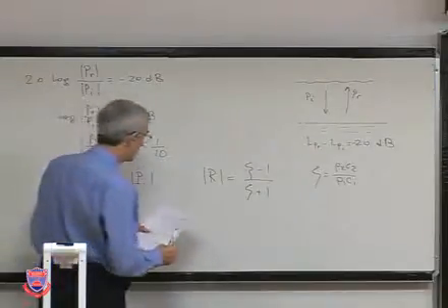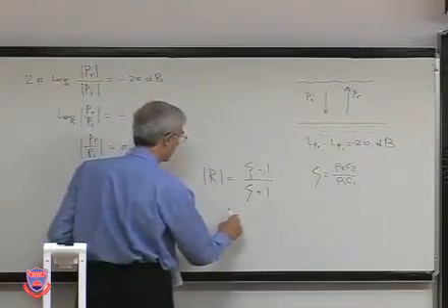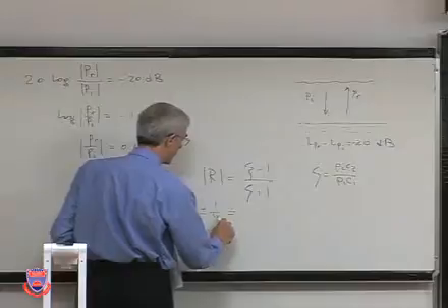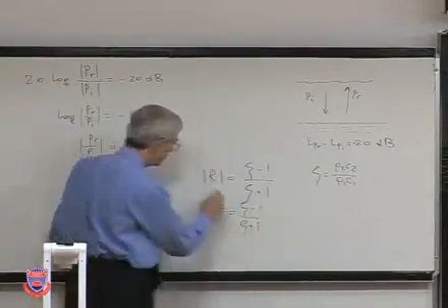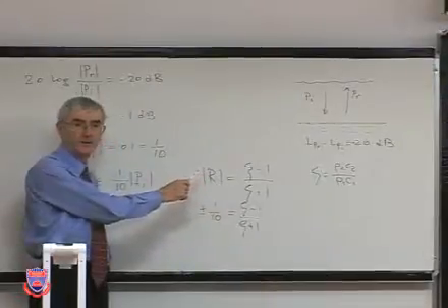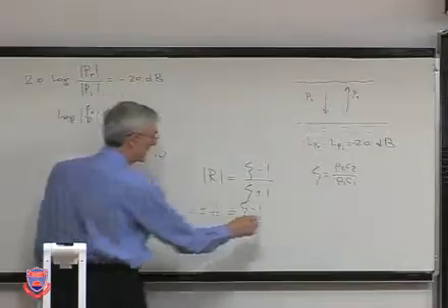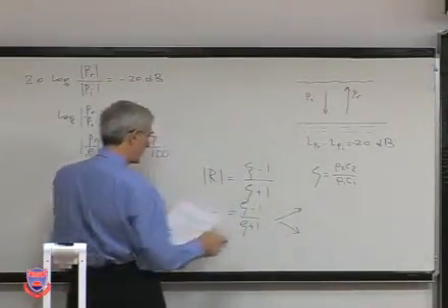Okay? And since we have R equal to plus or minus 1/10, see, this is the key. The absolute value gives you plus or minus 1. And that gives, of course, two different possibilities.